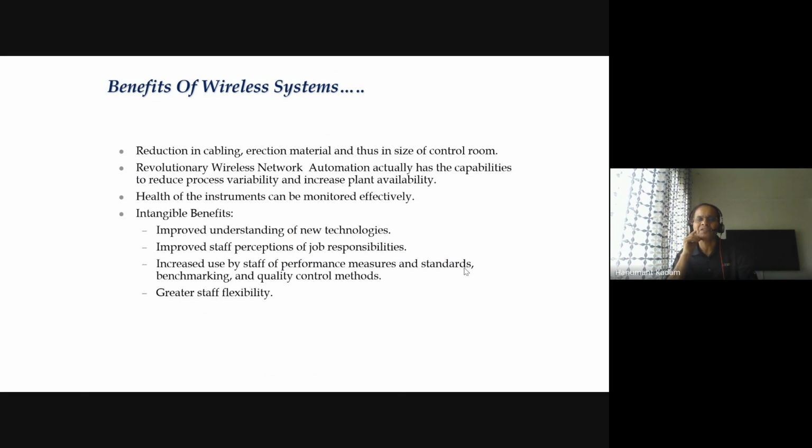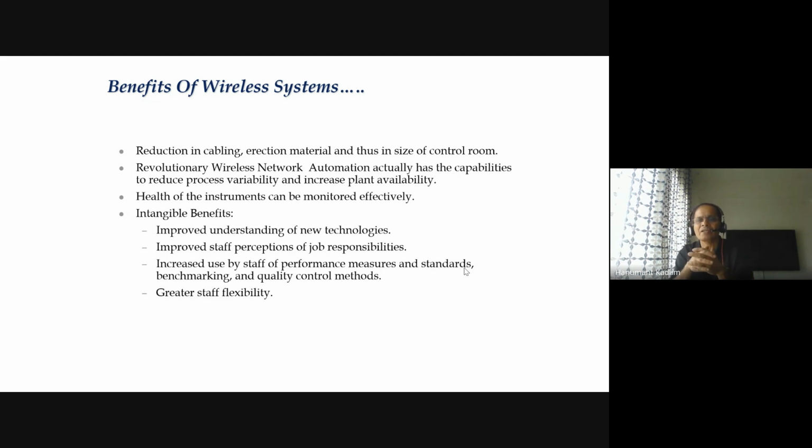Erection material, because when we are cabling you require structure for carrying the cable. And thus a reduction in the size of the control room: no IO card, nothing is required. Simply through a gateway, a simple RS485 or Ethernet cable is going. So it is a revolutionary wireless network.